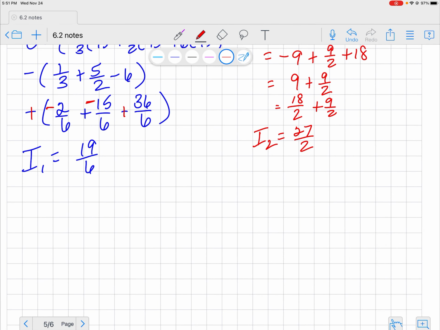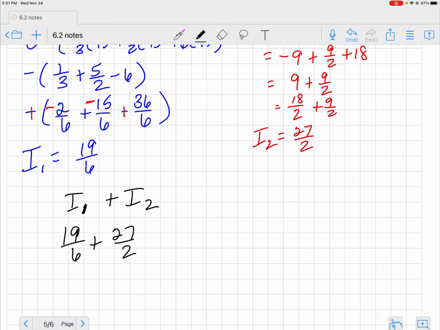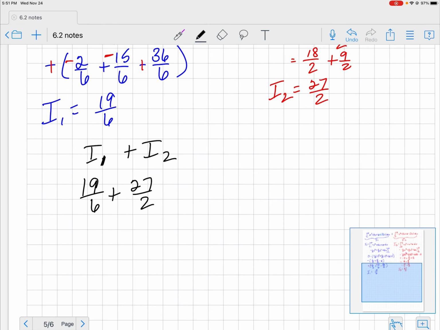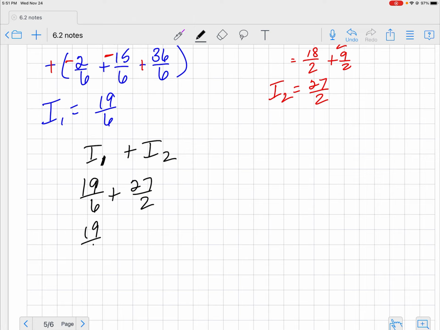So integral number 1 is 19/6. Integral number 2 is 27/2. So if I add those together, 1 plus 2, I'll get 19/6 plus 27/2. If we get a common denominator, 19/6 plus, if I make that a 6, I need to take 27 times 3.